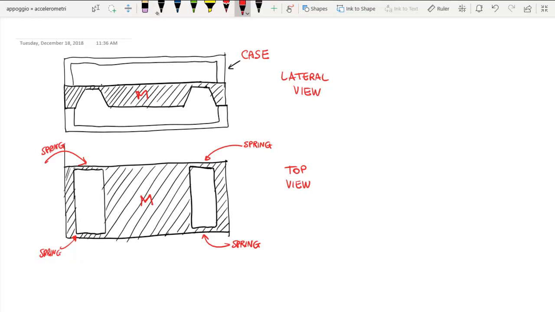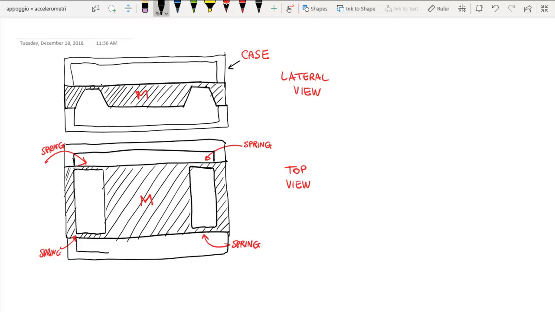Okay. This is fixed because the extreme parts of the membrane are attached to the case. So this is the case. So you see the situation.